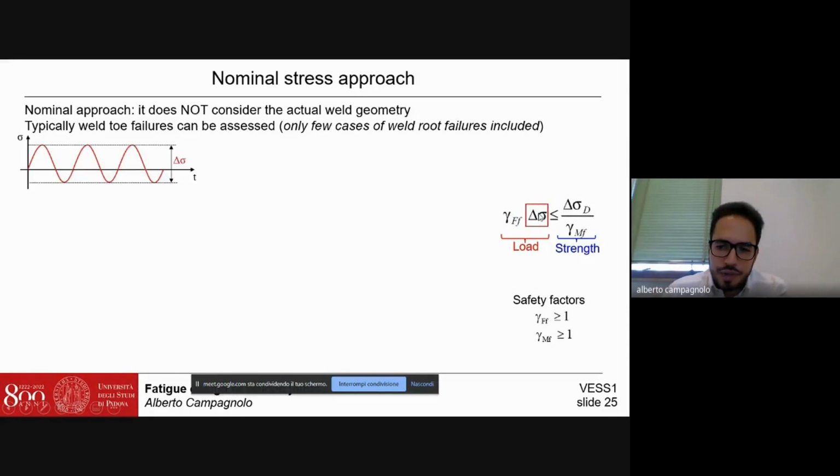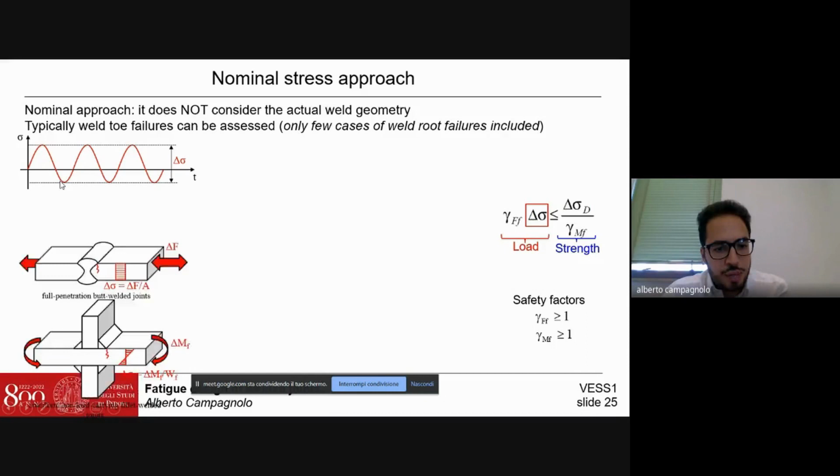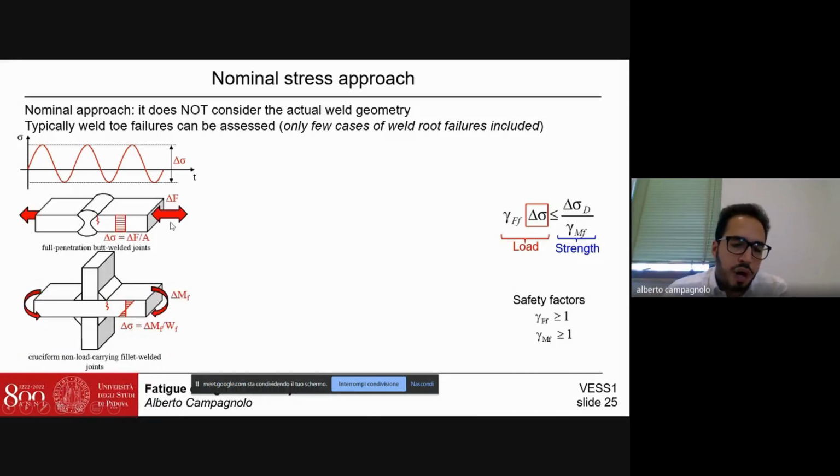The load parameter is derived from the stress range, which can be calculated directly from classical solid mechanics equations. For example, the load range divided by the section area in the case of pure axial loading, or the range of the bending moment divided by the section modulus in the case of pure bending loading.